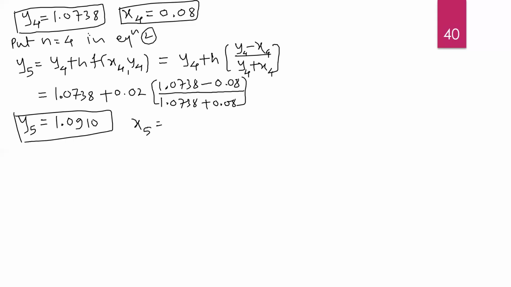X5 means what? Increment of x4 by 0.02, so we get 0.1 here. So this is the y at 0.1. Now y5 can also be written as y at 0.1 is equal to 1.0910.